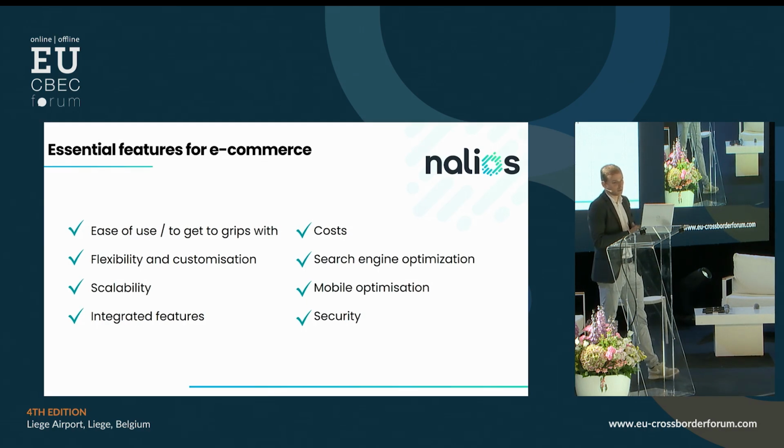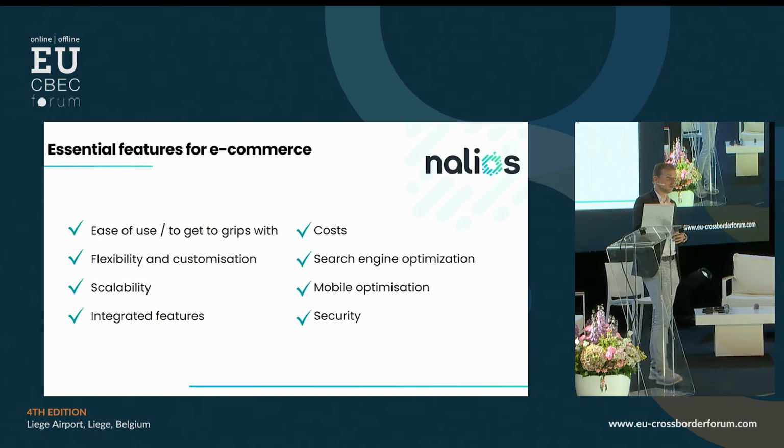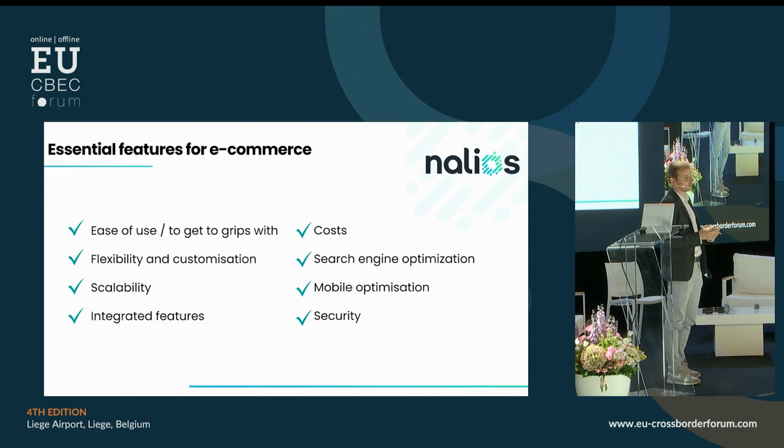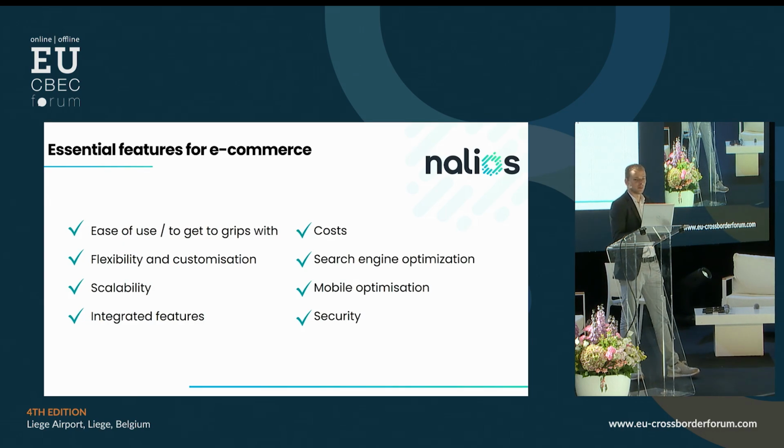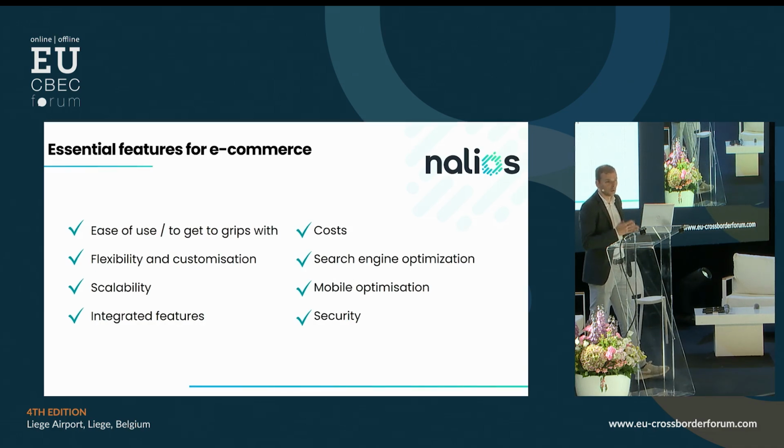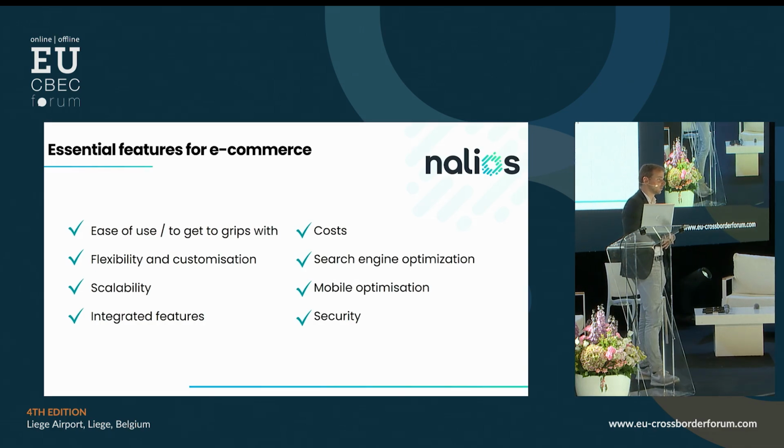It's also important to have integrated features, not only to do e-commerce, because you can have a nice e-commerce, but if it's not integrated with the inventory management, with the reporting, with the sales management, it's not so easy to manage. Of course, the costs are important, so the cheaper it is, the better it is.